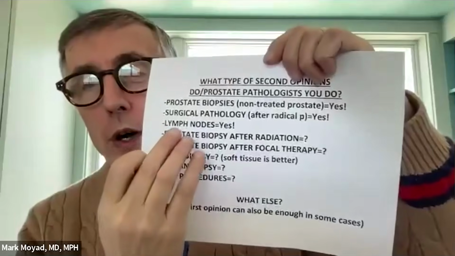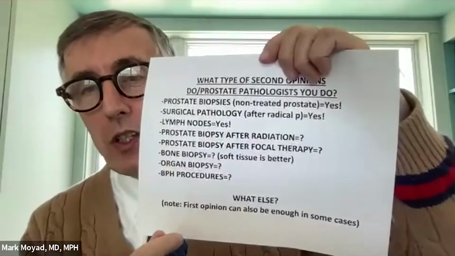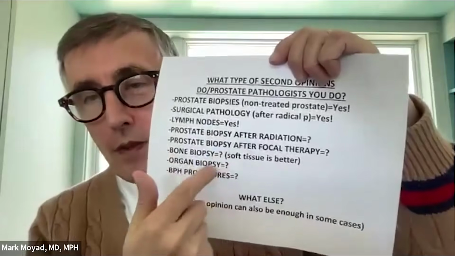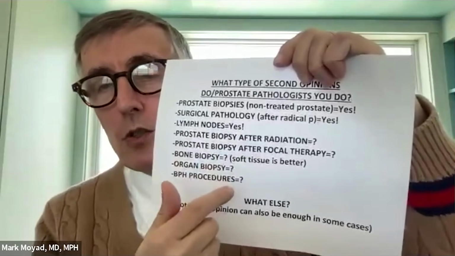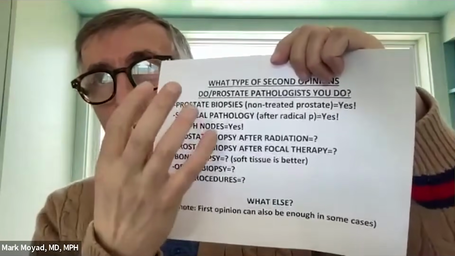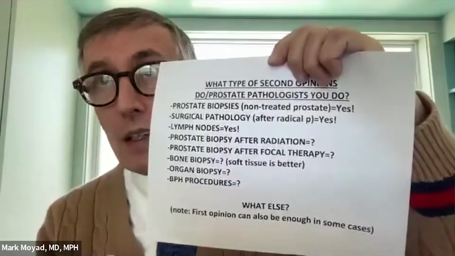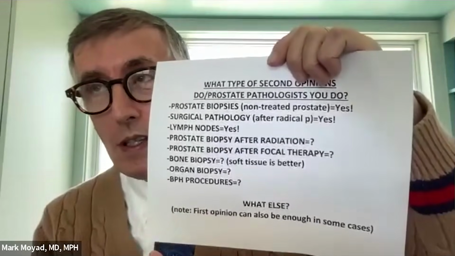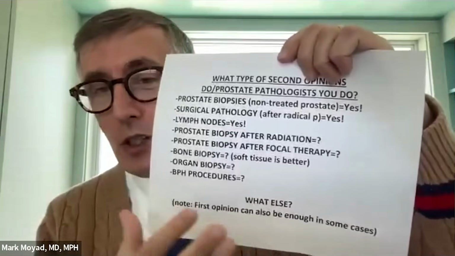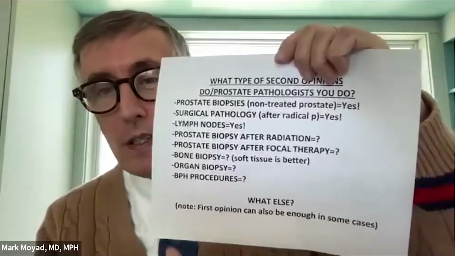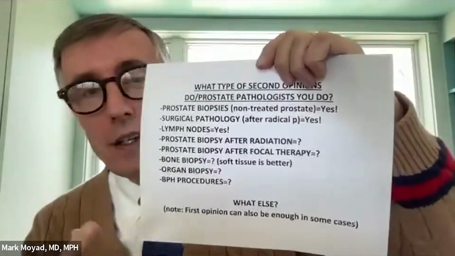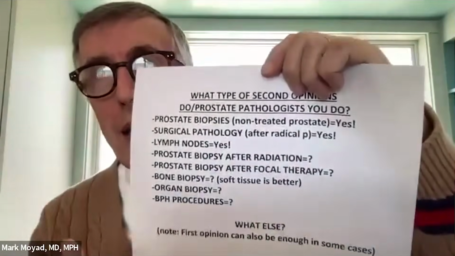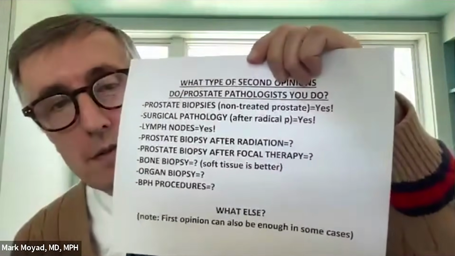But what about if you have lymph node dissection? What about a prostate biopsy after radiation? We're going to talk more about the biopsies and things after treatment, but can you just walk us through what kind of second opinions you do on what kinds of tissues? Is it everything head to toe that might have cancer or prostate cancer? How do you even tell somebody the range of biopsies that you look at?